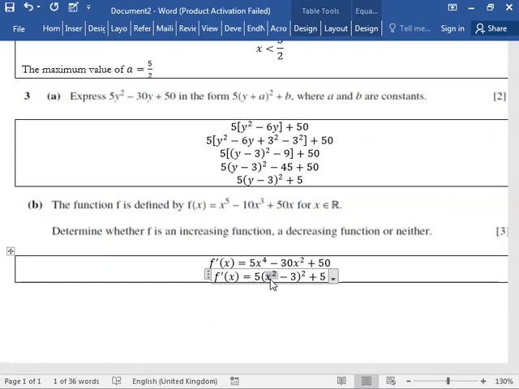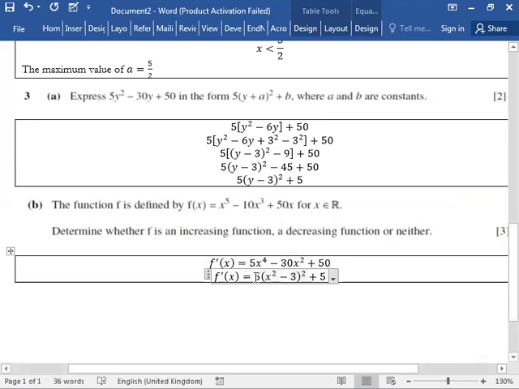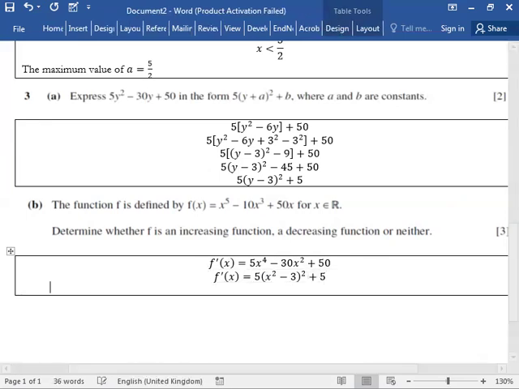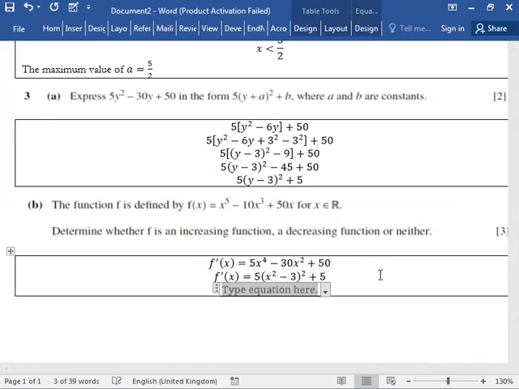If I take -3, the number can be positive or negative, but once I square it, it is positive. So after squaring, this value will become positive, and multiplied by 5 it stays positive, and then adding 5 it stays positive. Finally the derivative is always positive for the given domain, for all values of x.